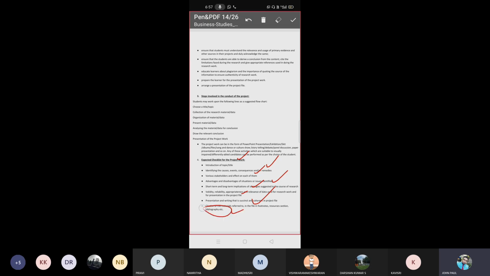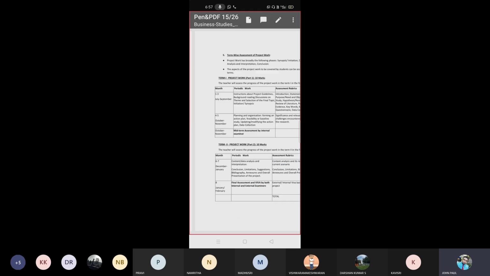This is what bibliography means, the sources. So these are all the things expected from your project.